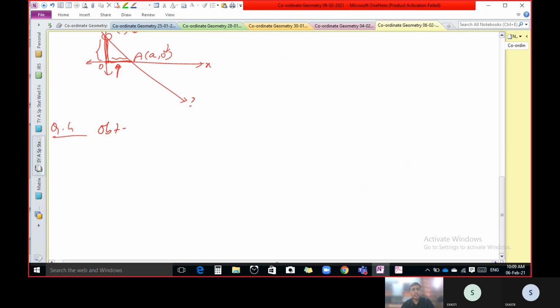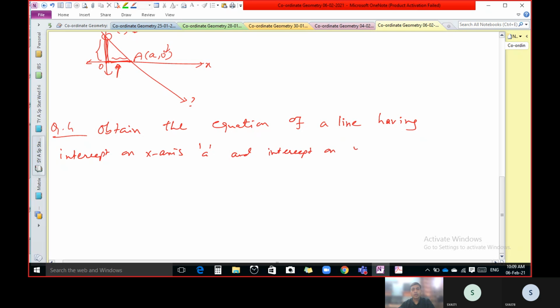The question is: obtain the equation of a line having intercept on x-axis A and intercept on y-axis B.